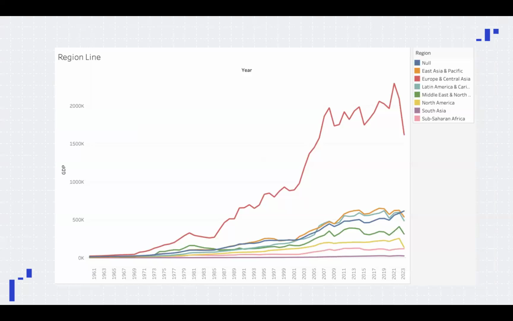These regions' flatter lines suggest ongoing economic challenges and slower growth rates, influenced by factors such as political instability, limited industrial development, and infrastructure issues. This chart highlights the significant economic disparities between different regions, emphasizing the need for tailored strategies to foster economic development in less developed areas. Next page.